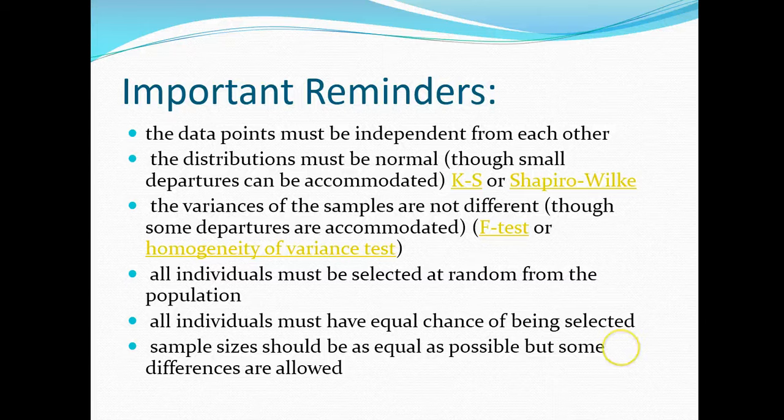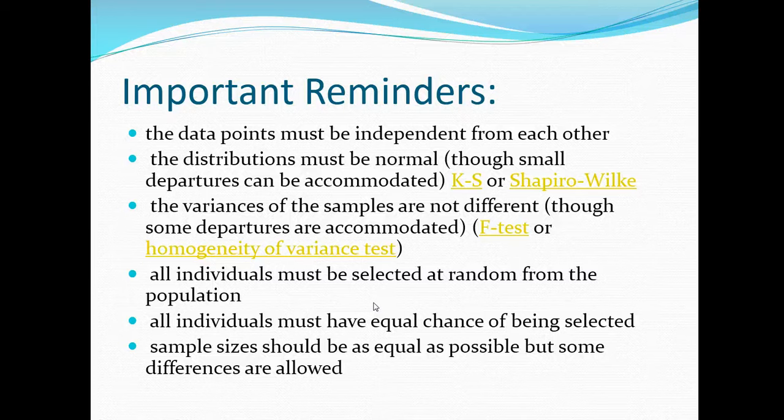Some important reminders, or some of the assumptions that you need to make sure you check before you run your ANOVA. The data points must be independent from each other. The distribution must be normal, although some small departure can be accommodated. The variances of the samples are not different, though some departures are accommodated, and you can do the homogeneity of variance test, and it's part of when you run your ANOVA.